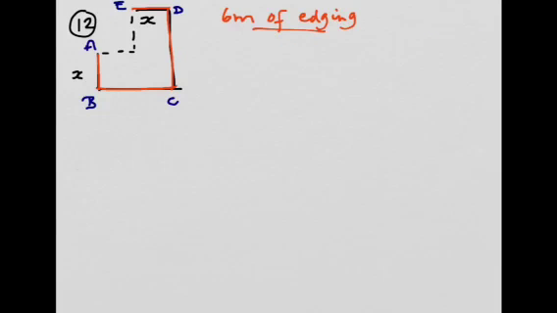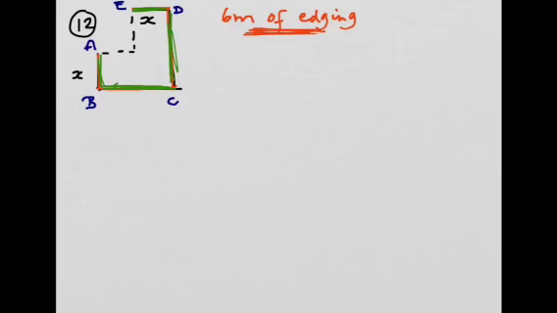Question 12. Now, there's a mistake in the question. 6 metres of edging, remember, you need. So that requires that this distance along the top, this distance down the side, this distance here, and this distance here all adds up to 6. The question tells us to call these 2 parts x and x.